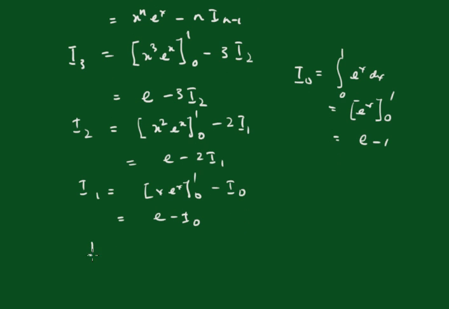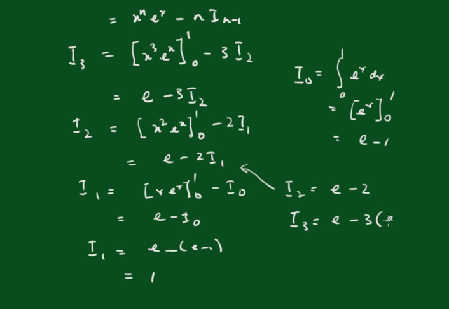So I1 equals e minus (e minus 1), which is just equal to 1. Here I2 is e minus 2, and I3 equals e minus 3 times (e minus 2), which is e minus 3e plus 6, which is 6 minus 2e.